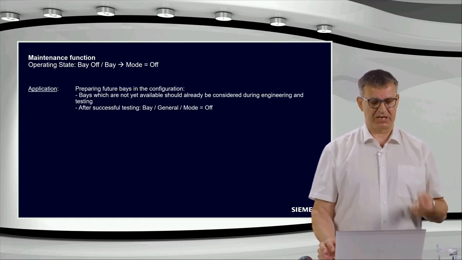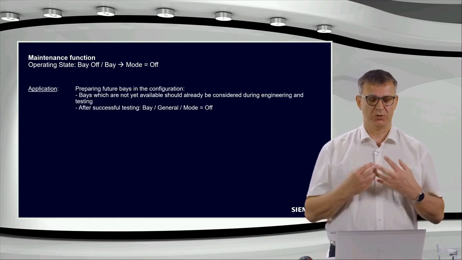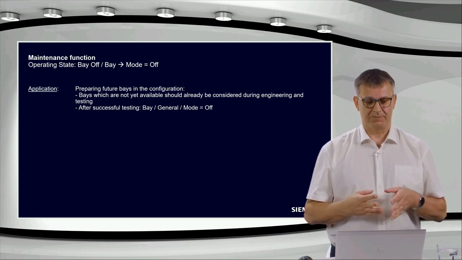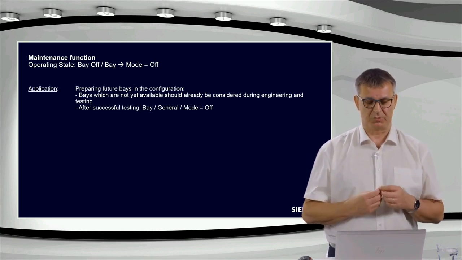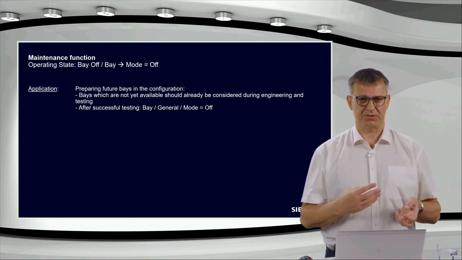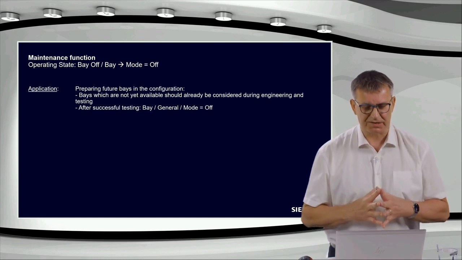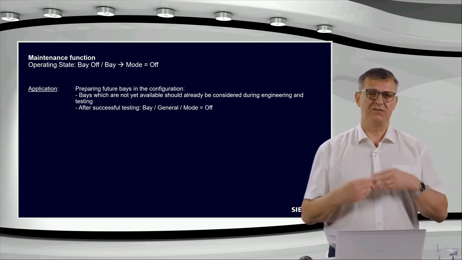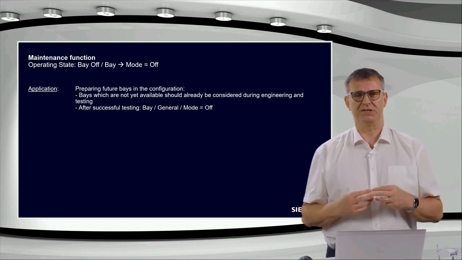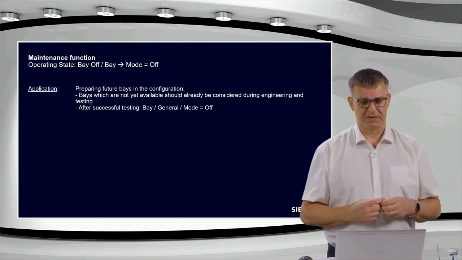And what's the application here? The application here is really to prepare future bays in the configuration. Sometimes you have a substation, double busbar, 10 feeders, and you already know that in 5 years it will not be 10 feeders, it will be 11, 12 feeders.